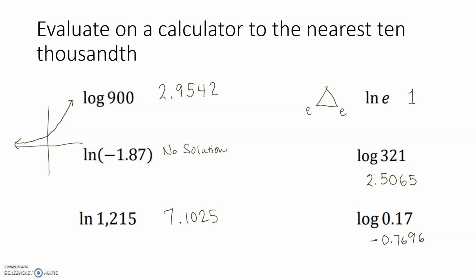So log of 900 and log of 321 are about the same size because they have the same number of digits. And logs of decimals are going to give you negative numbers.